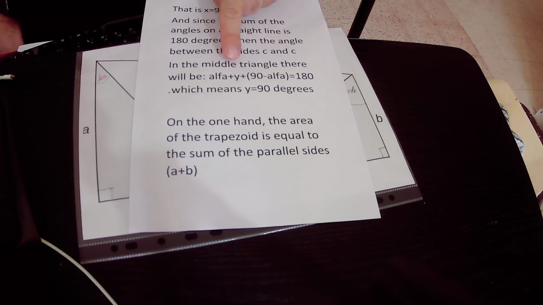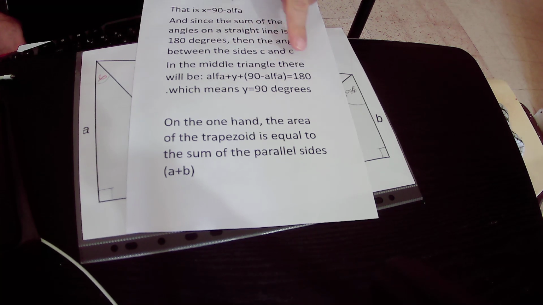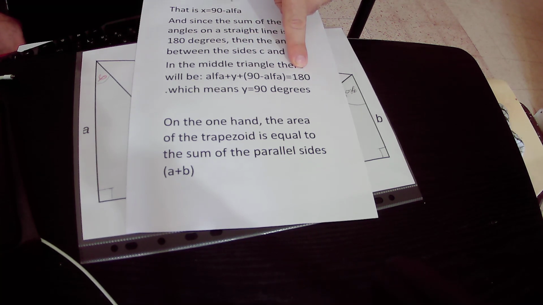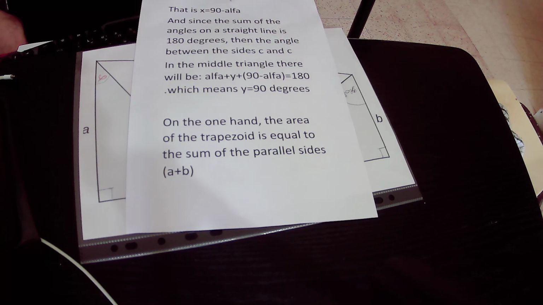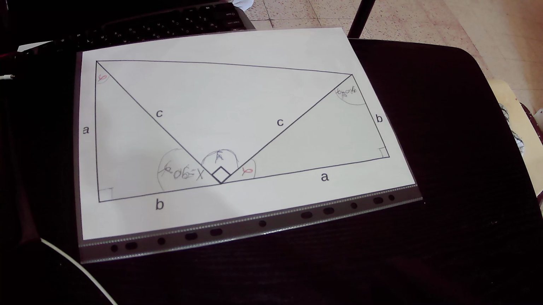Alpha plus y plus 90 minus alpha equals 180 degrees, because in a straight line the sum of the angles is always 180 degrees.